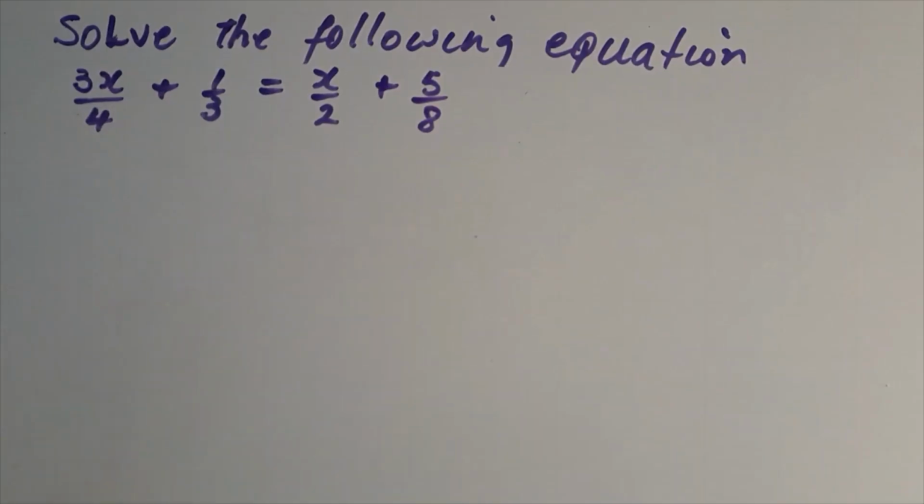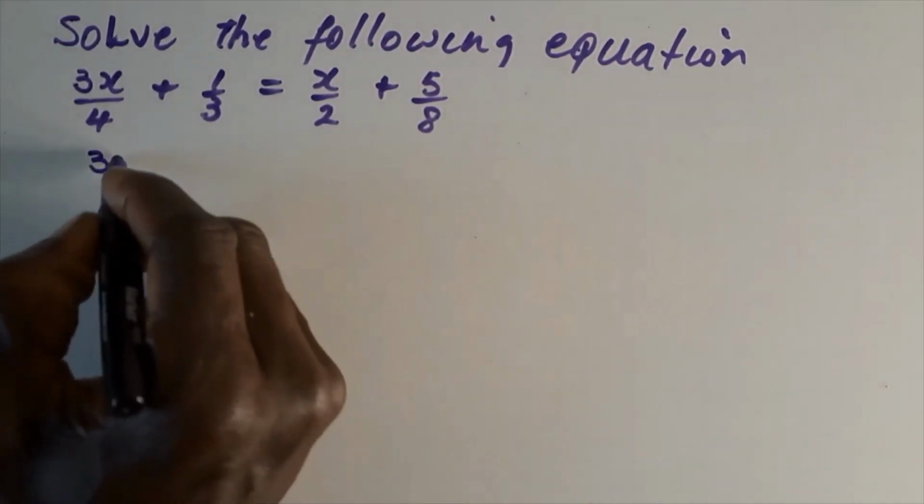Hi there. We need to solve this equation. Now the first thing I want to do is to group similar or like terms on one side, and normally I'll have the unknown, like terms with the unknown, which is x, on the left, and the rational numbers on the right of the equal sign.